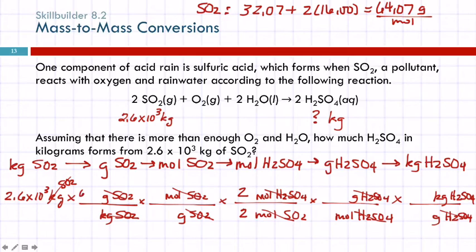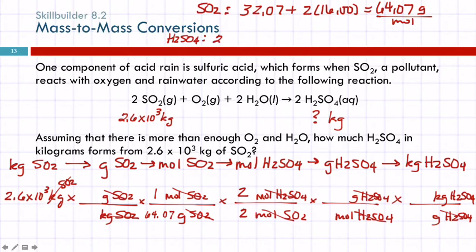So 64.07. No, that's the wrong place to write it. I zoomed in too far. 64.07 grams of SO2 to moles of SO2. And then I need sulfuric acid, H2SO4.